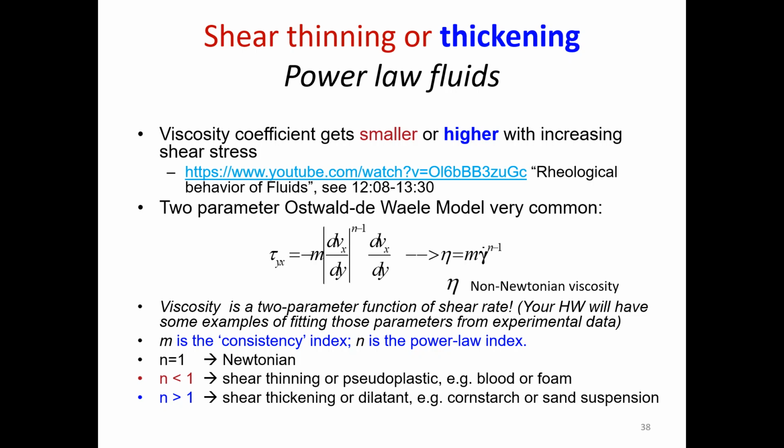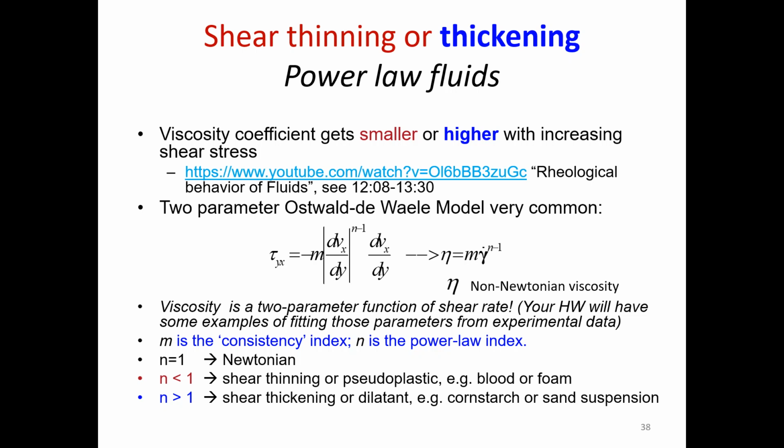Minus m, but this used to be m. And we're just writing m, sometimes it's also k, simply to differentiate it from the regular viscosity. But what's really now my Newtonian viscosity, because I have this dvx/dy still sitting here, basically this is my viscosity.